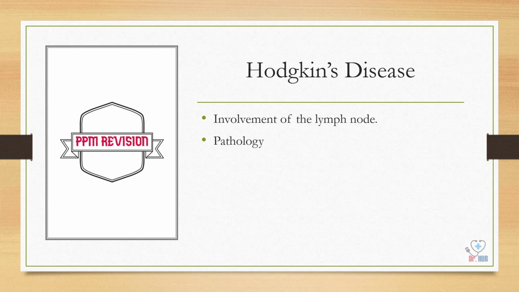Then moving on to the second category in WHO, that is nodular lymphocyte predominant Hodgkin's disease. It was actually previously included in the lymphocyte predominant type of Hodgkin's disease.